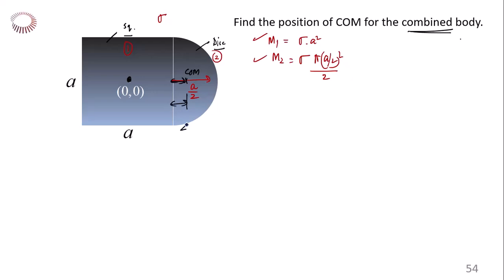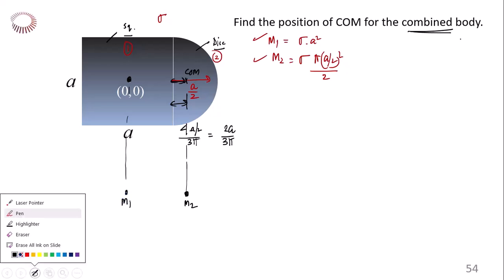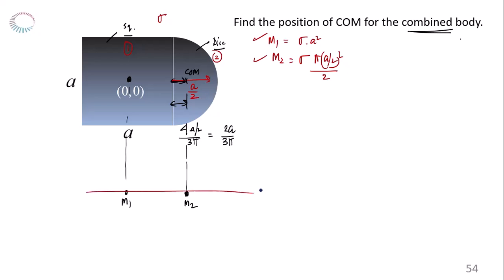R is a by 2, so that is 4 into a by 2 by 3 pi, that means 2a by 3 pi. So now the problem is somewhat simpler. Here the point mass m2 is there, and here the mass m1 is there. Now m1 and m2 are 2 discrete point masses which are separated by a distance.